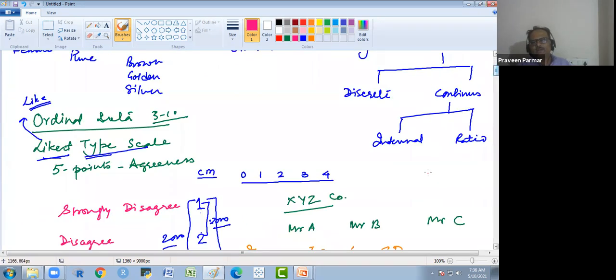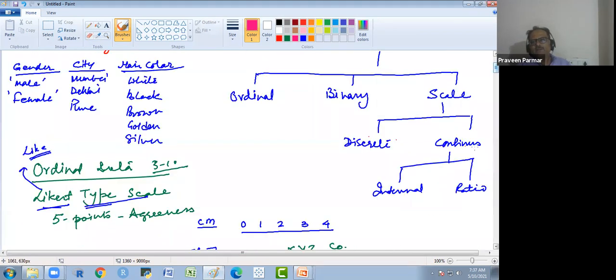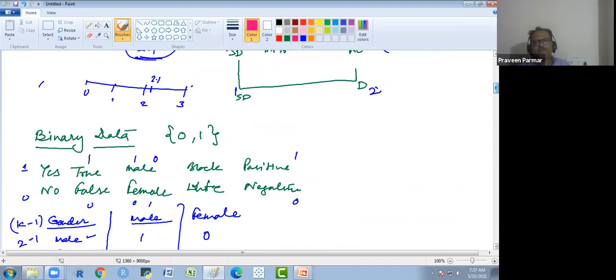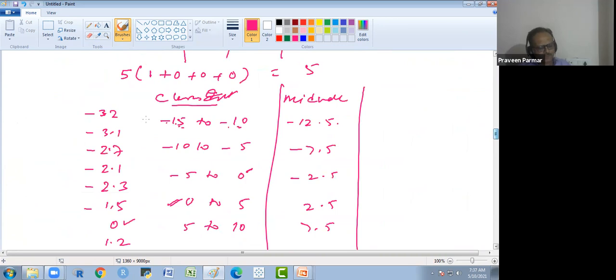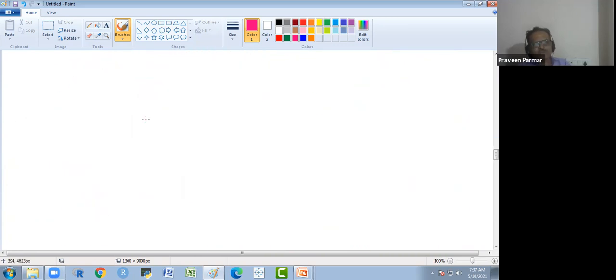We have seen the scale data. In the scale data, we have seen discrete and continuous. In the continuous, we have seen the interval and ratio data. So this was all about the data. Now we talk about the measure of central tendency, which is the next topic.